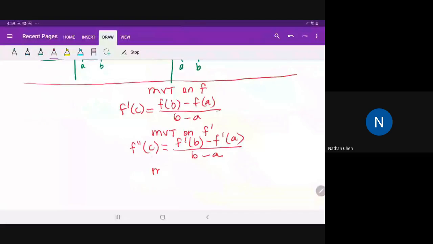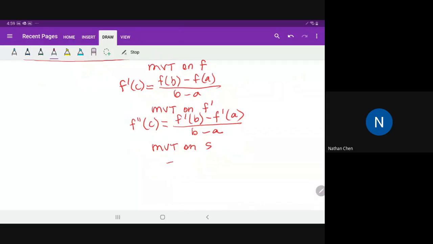You can use the mean value theorem on S. So what would that be? That would be S of B minus S of A over B minus A, which is also called the average rate of change, or this is the average velocity. So sometimes they'll use this in SVA problems. So average velocity, and then what's the derivative of S? Can somebody type it in the chat box?